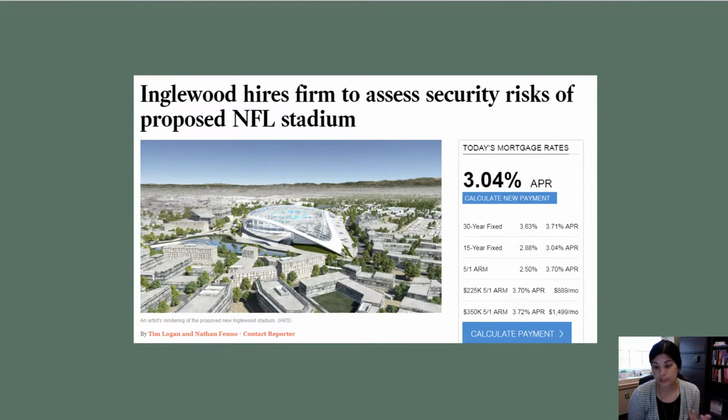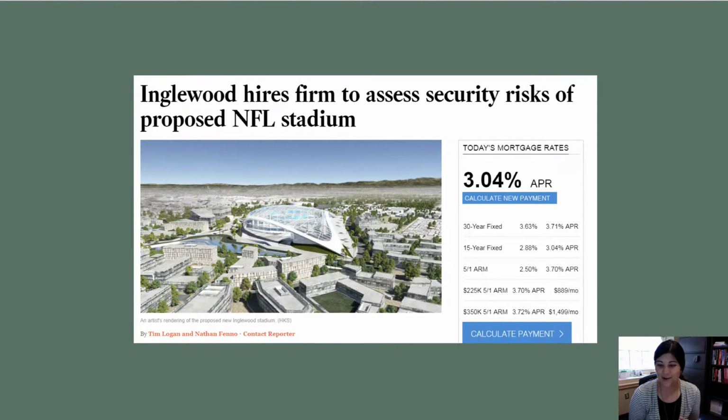So there were concerns that this could be a potential security risk for the facility and for the patrons of that facility. So rather than just saying, hey, we'll conduct our own risk management assessment, the team and the city actually hired a security firm to come in and assess that risk.